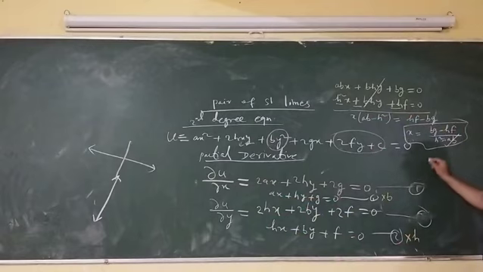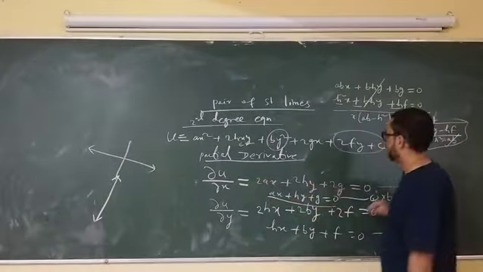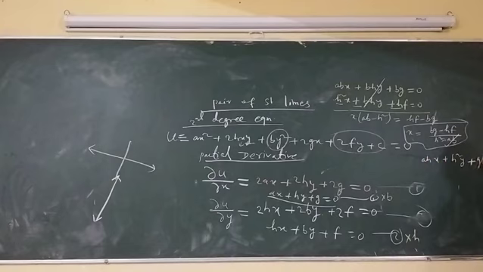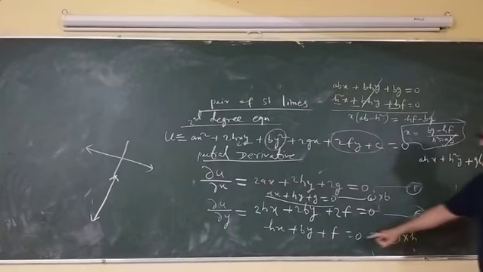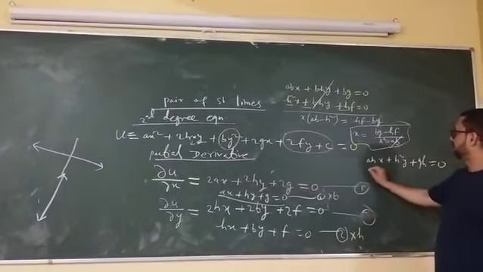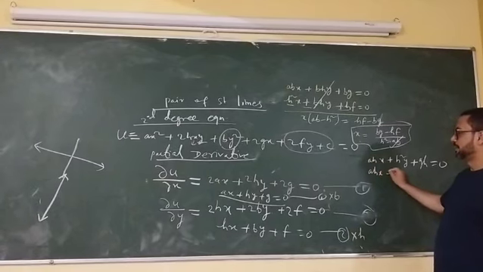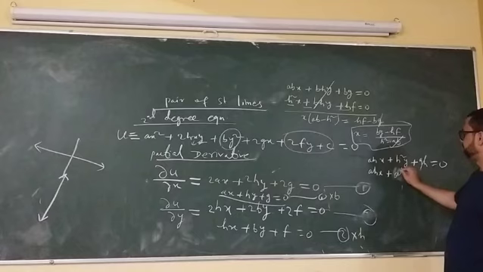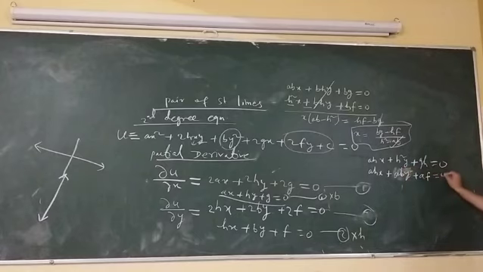So firstly, multiply everything with h here. So ahx plus h square y plus gh is equal to 0, and this one with a. So ahx plus aby plus af is equal to 0.